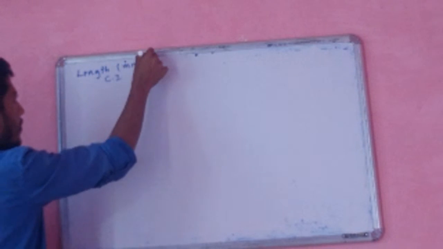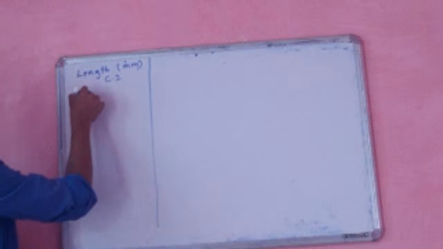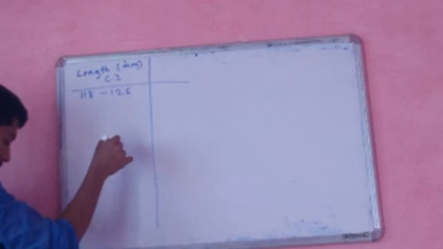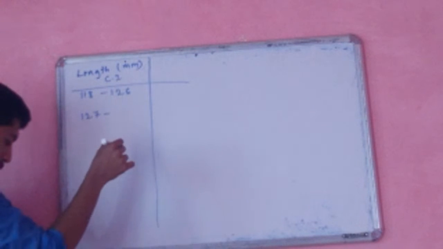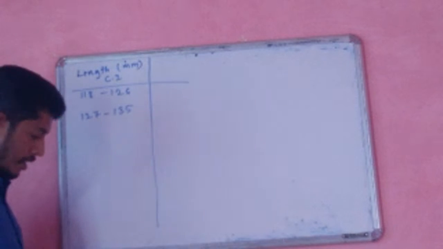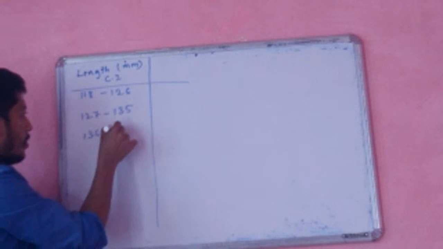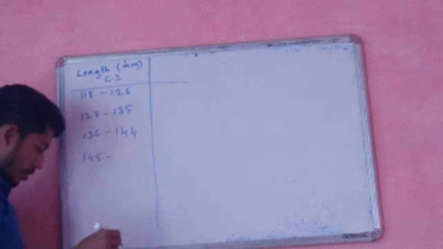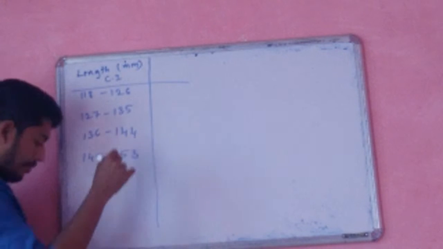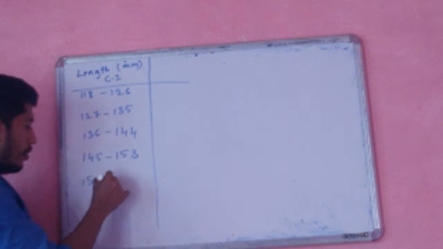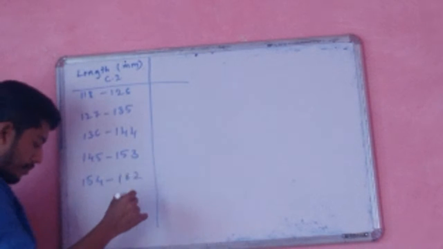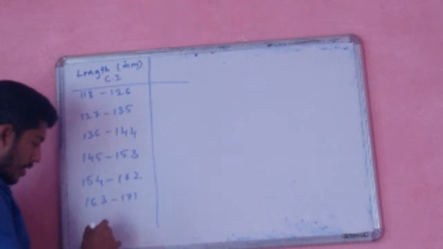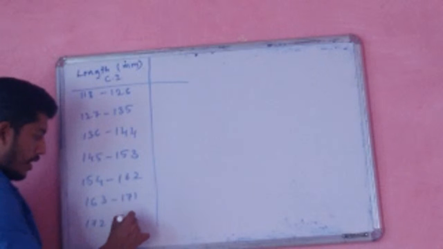Okay, that is 118 to 126, then 127 to 135, then 136 to 144, then 145 to 153, then 154 to 162, then 163 to 171, then 172 to 180.